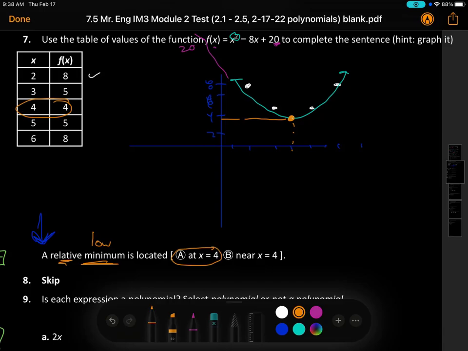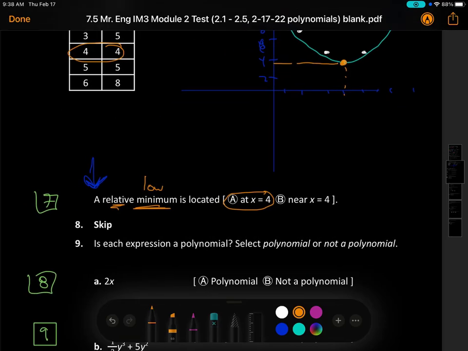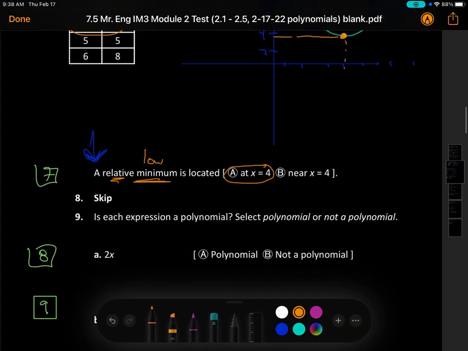The word near 4 might mean like 3.9 or 4.1, and that's not the case because you can use a graphing calculator, put in the function, and you'll recognize that at (4, 4) it is the lowest point on our graph. Okay, so number 7 was A.